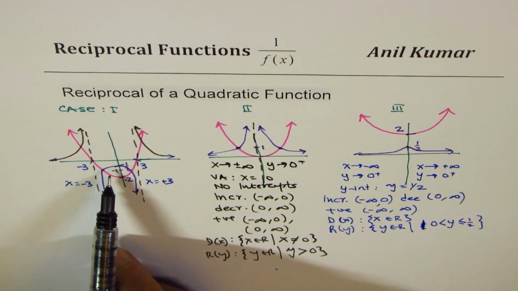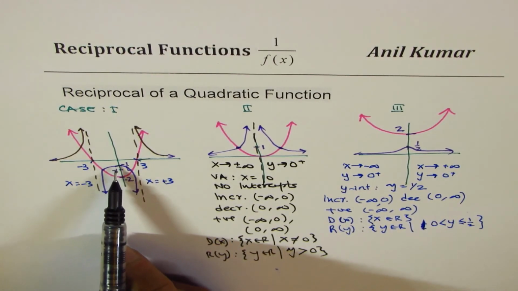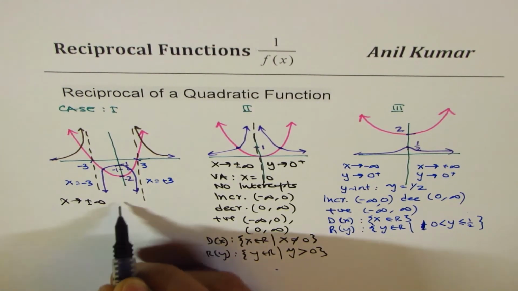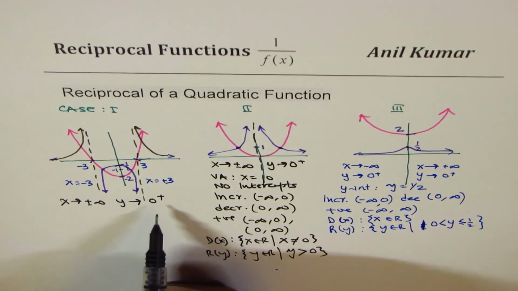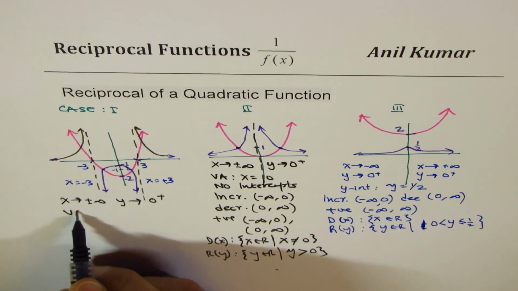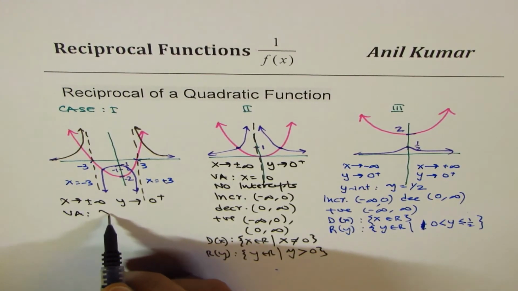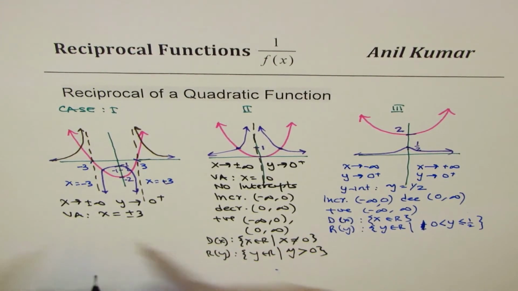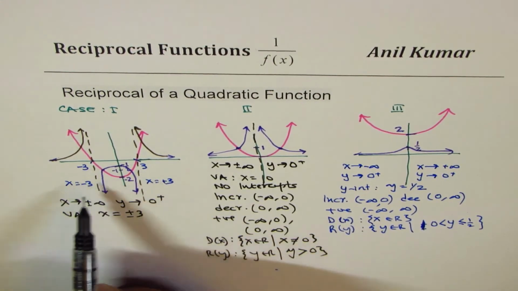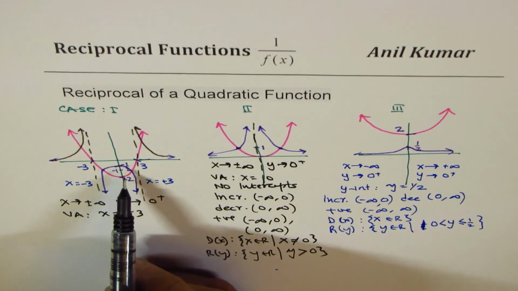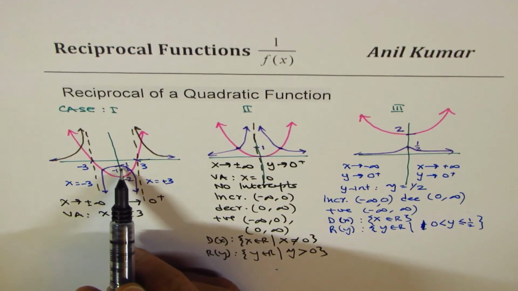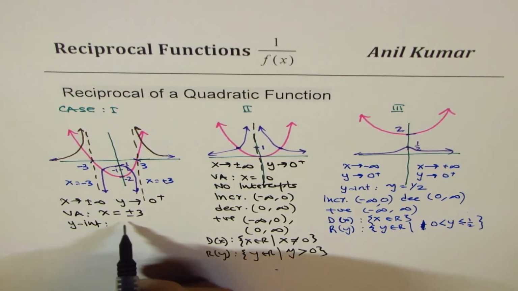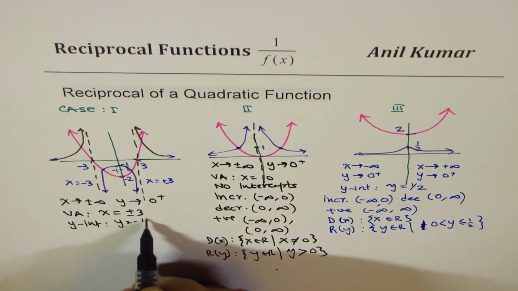Now let's look into the characteristics of this function. Now here, the end behavior: you can see when x approaches positive or negative infinity, y approaches 0 from the positive side. We have 2 vertical asymptotes here. One is x equals plus 3, the other one is minus 3, right? Now, we have no x-intercept, and the y-intercept is at y equals minus half.